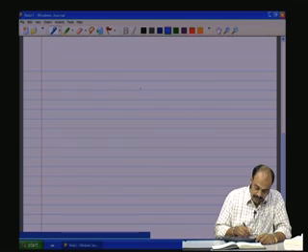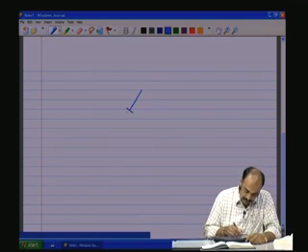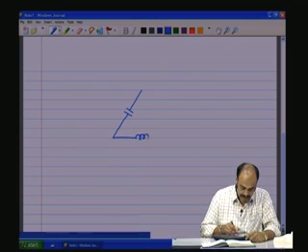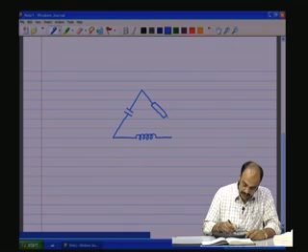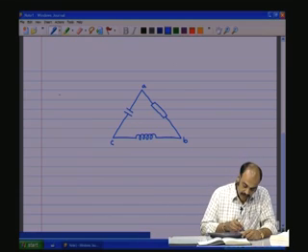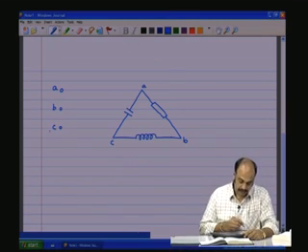Now, let us say we have the following delta circuit, that is, I have a capacitance, I have an inductance, and I have the resistance R, L, C, all three. Each phase is having totally different types of impedances. Let us say this is the A phase, A point, B point, and the C point, and we have the three source terminals A, B, C 120 degrees apart from each other.